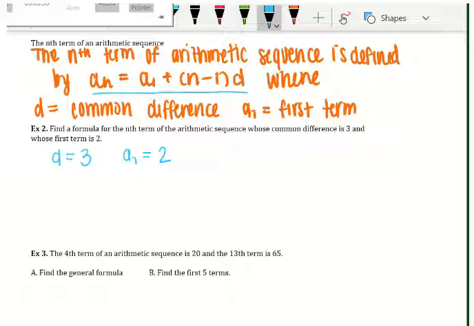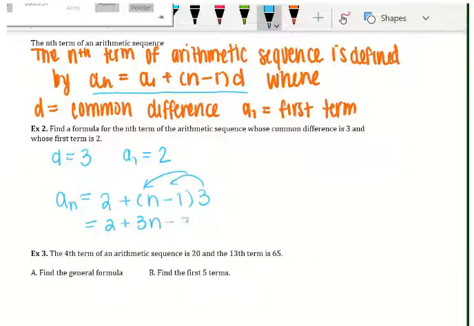So we're going to go ahead and just plug it in, and then distribute the 3. You have to simplify these, so you should never leave anything unsimplified if you can. That's one of the reasons why you would get points off on a test, if you leave it like this. So this would be your answer.